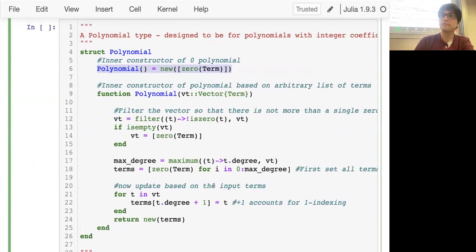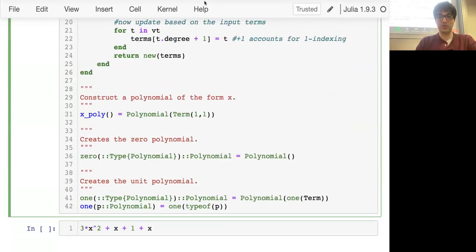What if we have, when we put in the VT, the vector of terms, two terms of the same degree? Should that throw an error? Oh, this will be answered in a second. Because I agree that that's degenerate, but we're never going to allow users to create a polynomial like that. If that makes sense.